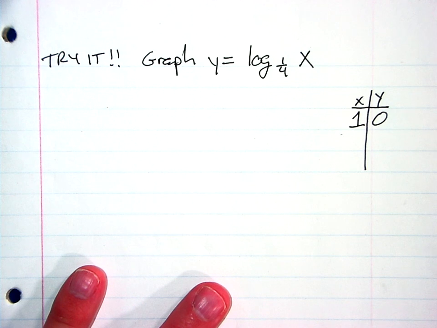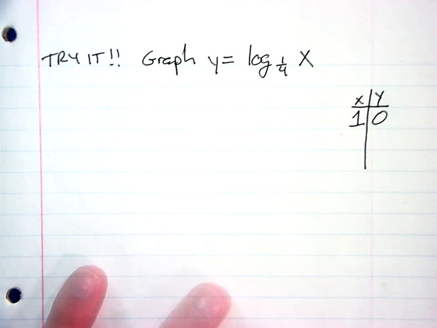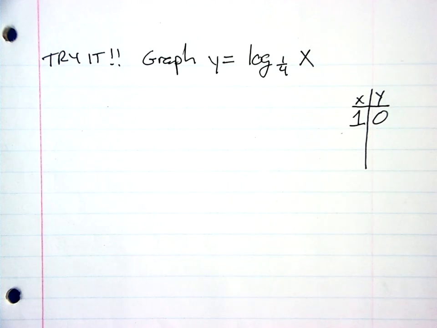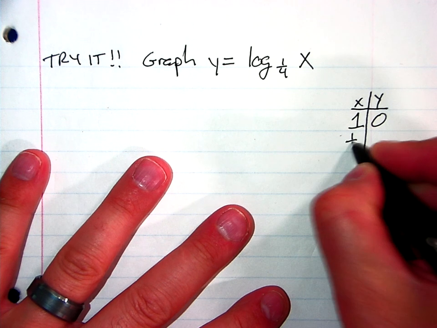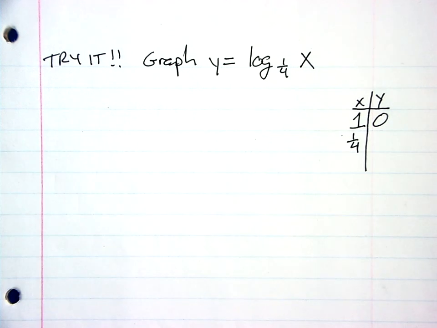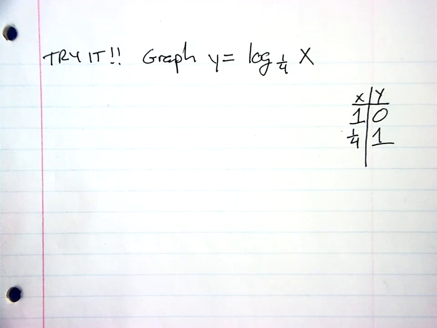Why is it not going up or down? Because there's nothing after the x telling it to go left or right or up and down. Our next point is our base. What's our base? 1/4. And what is the accompanying point with your base? 1. Now you can graph that. That's all you need to graph this.